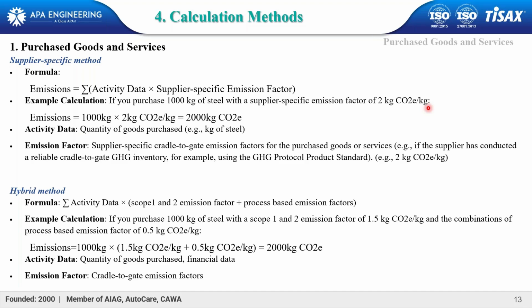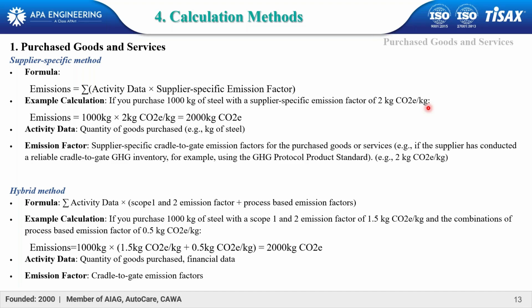So if you purchase 1000 kgs of steel with the scope 1 and 2 emission factor of 1.5 kgs of carbon dioxide emitted per kg of steel produced, and the other process-based emission of 0.5 kgs of carbon dioxide emitted per kg of steel production, the emission would be 2000 kgs with the formula applied.